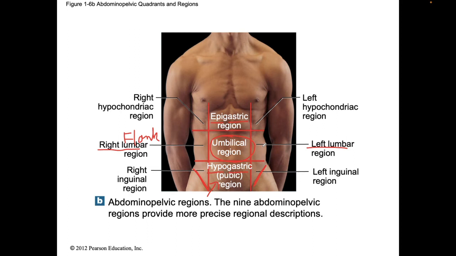They're interchangeable. Whenever you hear the word chondria, that's ribs and rib cartilage. So there's a left hypo, meaning under the ribs, hypochondriac, and a right hypochondriac. Chondro means cartilage. So we're talking about the rib cartilage. There's a right hypochondriac and a left hypochondriac.